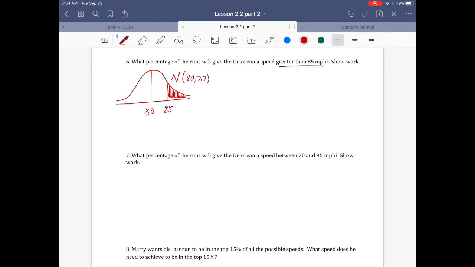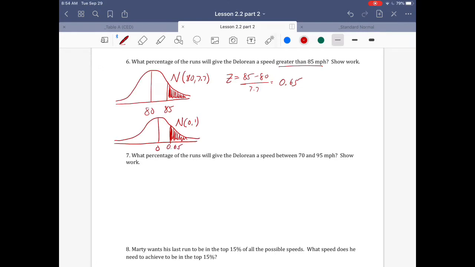You want to use that correct notation so that it is different from your standard normal 0, 1. But what is the same is you're going to need to compute the z value for 85. So let's start there. You want to compute the z value for 85, so that's going to be 85 minus 80 over 7.7, and that is 0.65.